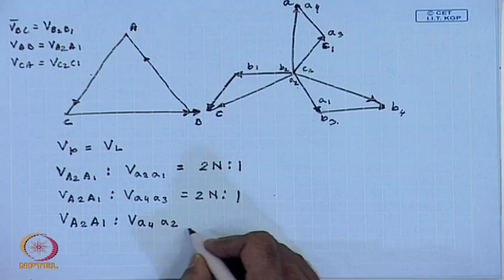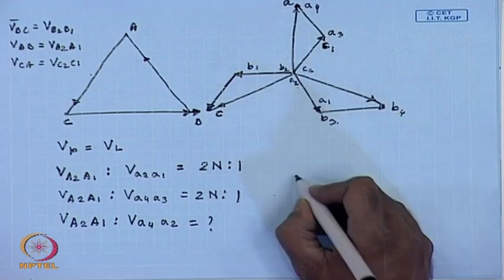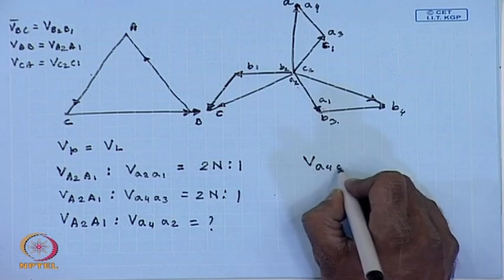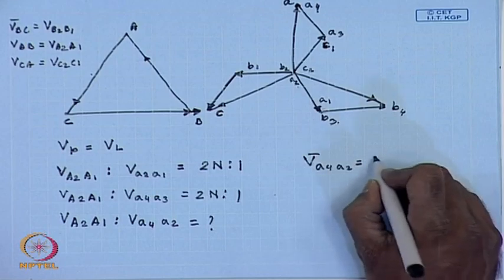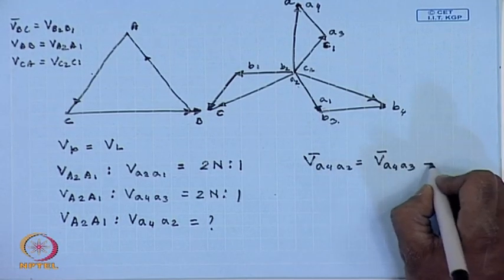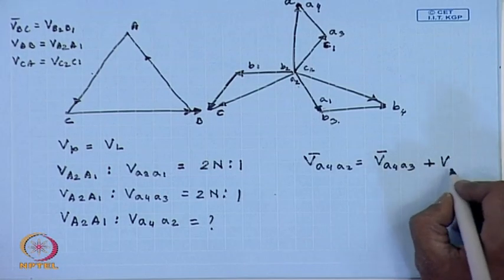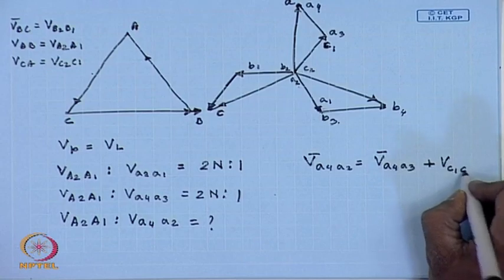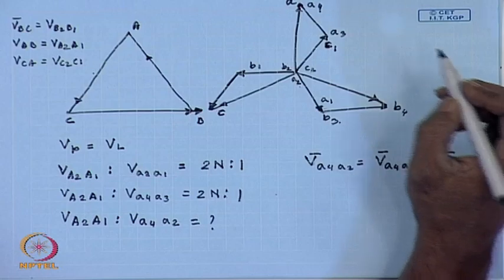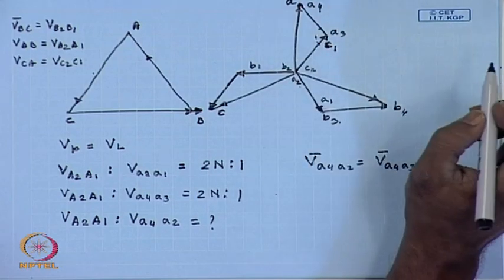V A4 A2 equal to, but from this phasor diagram V A4 A2 equal to V A4 A3 plus V C1 C2, but the magnitude of V C1 C2 and V C3 C4 are the same, and this angle is 120 degree.